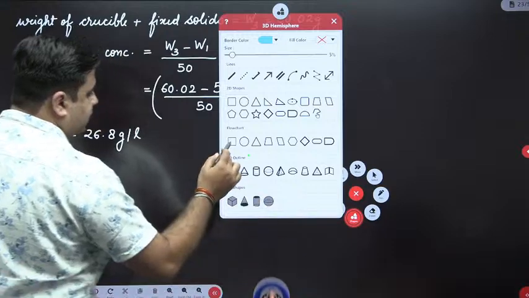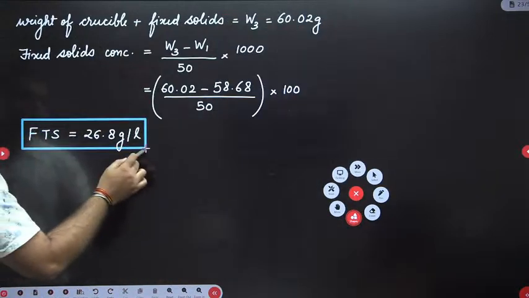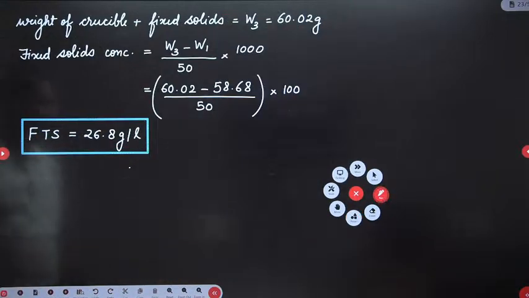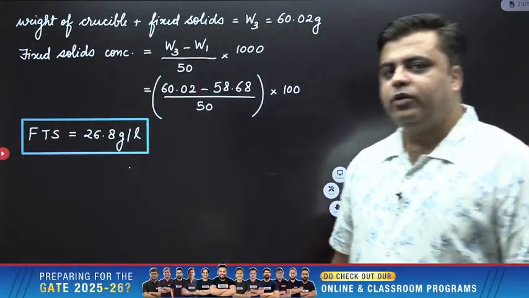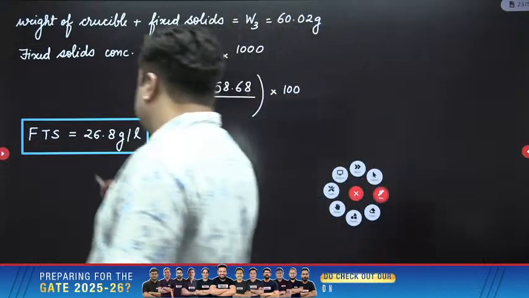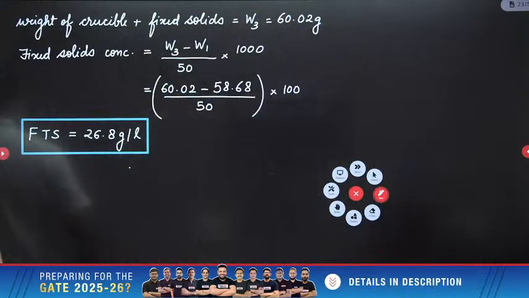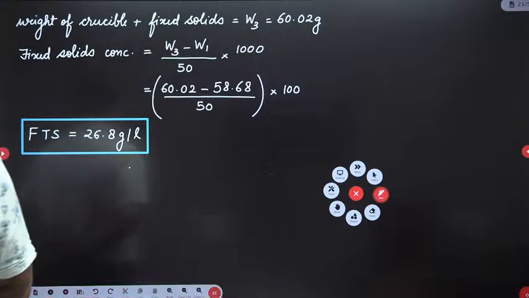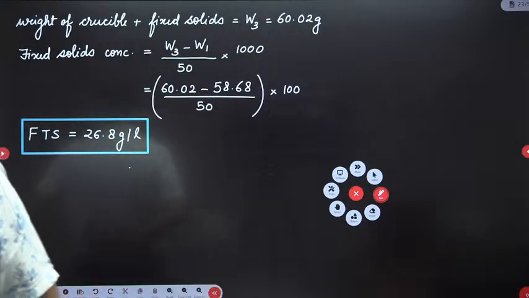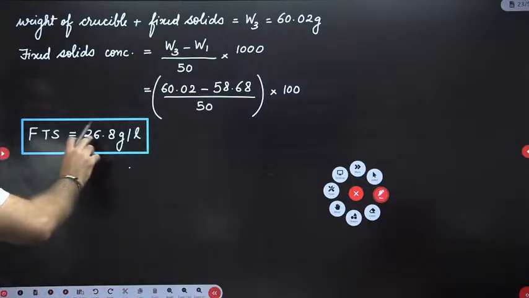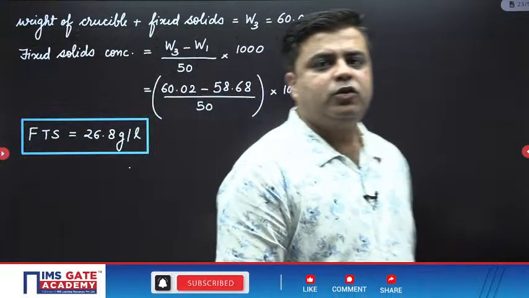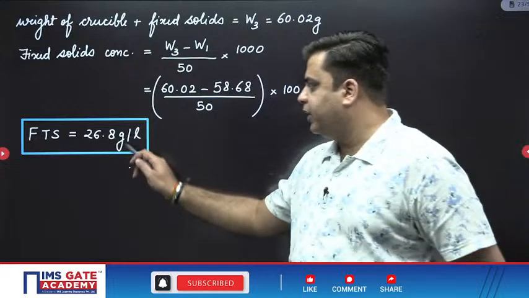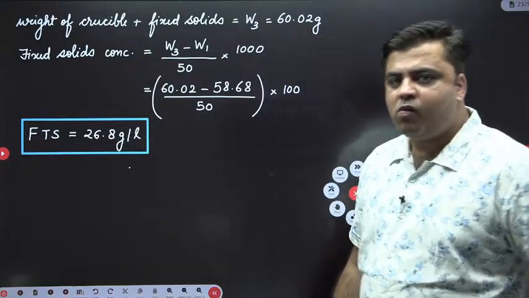Are you also getting the same answer? Very good, Richa. Very good, Kirti. All of you just quickly confirm whether it is correct or not. All of you are fine with this? 26.8 gram per liter. Okay.